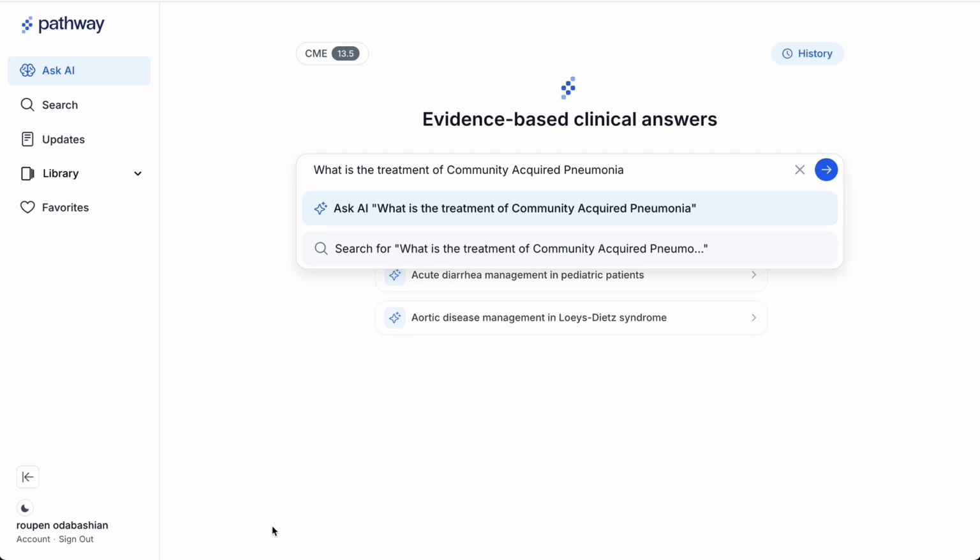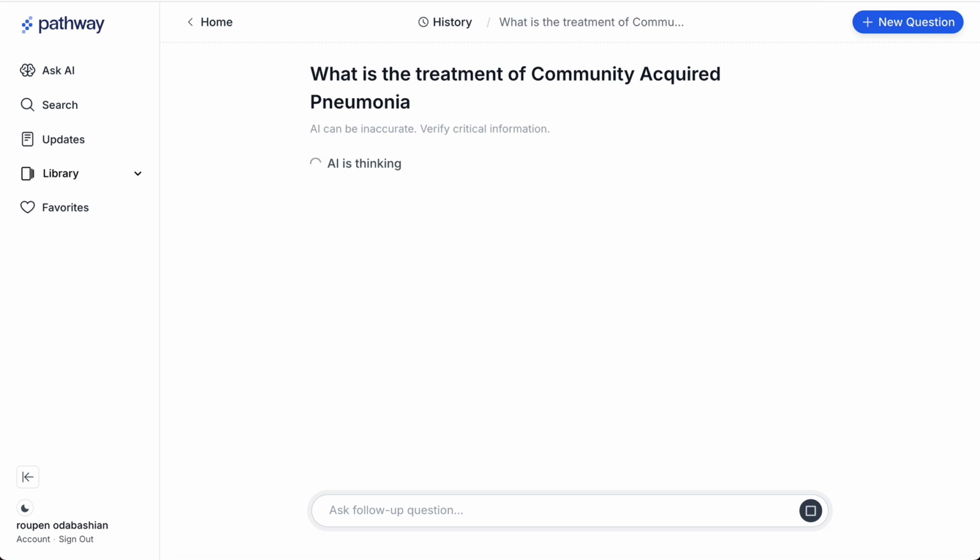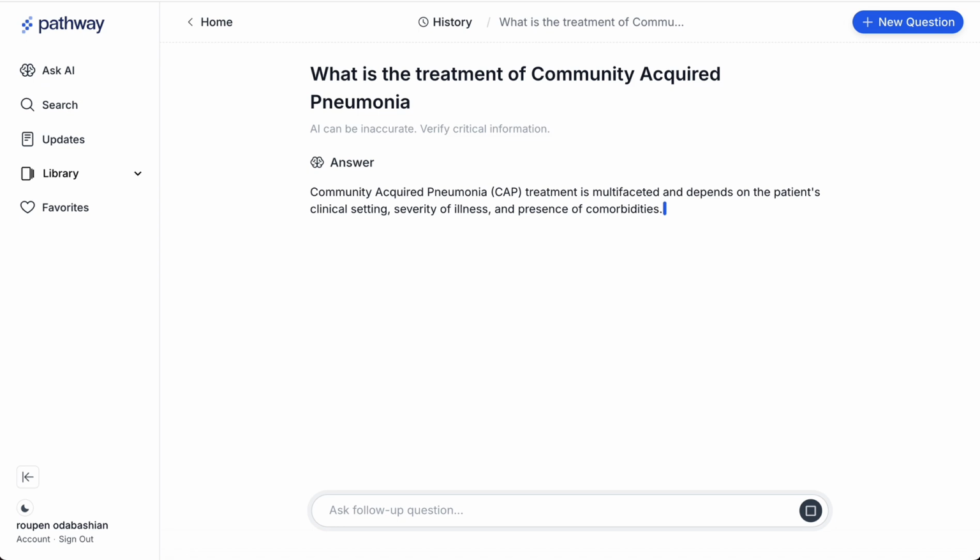So for example, let's ask PathwayMD a simple question: what is the treatment of community-acquired pneumonia? And let's click on it. So the AI is thinking. There's around 6 to 7 seconds of lag. It's collecting its answers.